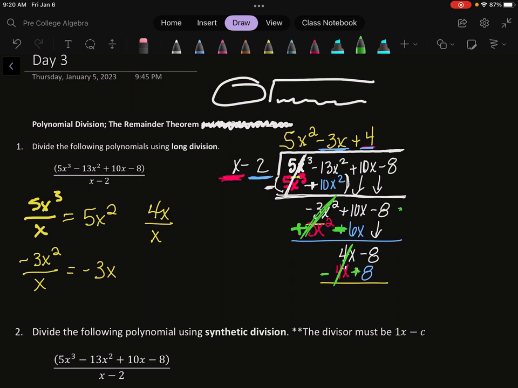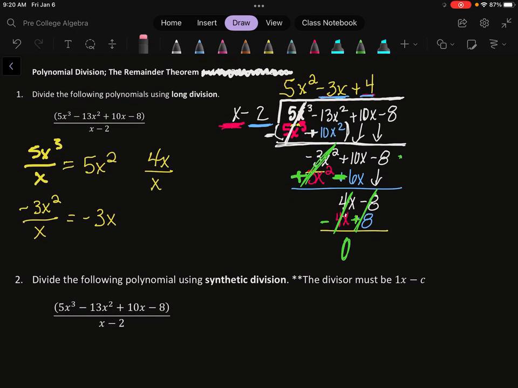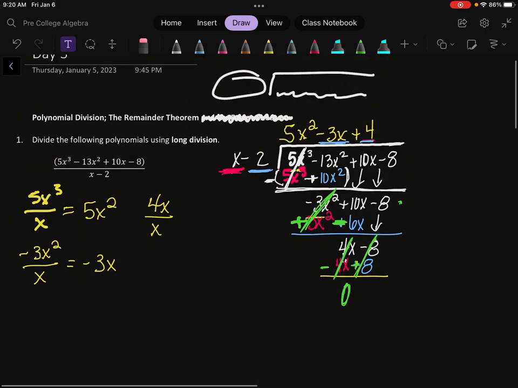So that cancels, and this also cancels. So we really have no remainder, which is kind of nice. We'll talk about the remainder down the line and what that means. And if there is a remainder, it actually applies to the actual polynomial.